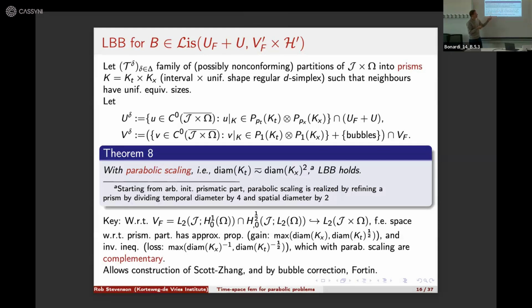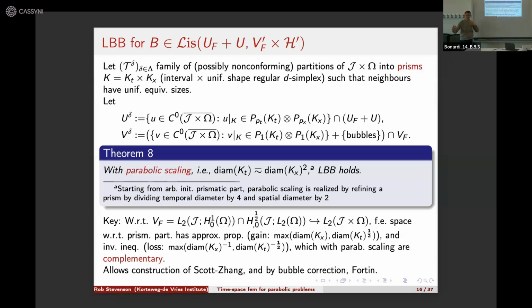If you do an inverse inequality, so you have a finite element function, and you want to estimate the norm in Vf by the L2 norm, you lose something, and what do you lose? You lose the diameter in space to the power -1, and you lose the diameter in time to the power -1/2.